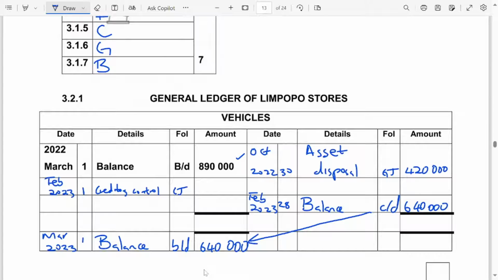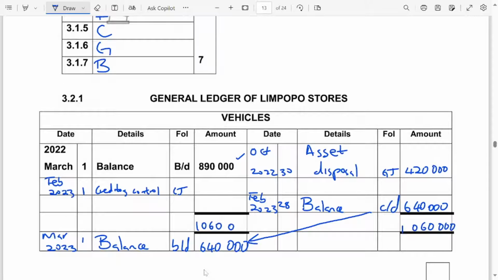So we are already given the closing balance. So it's easy now to find the cost price for the new vehicle. We just have to calculate the credit side because we can see that it is a bigger side. 640,000 plus 420. That is going to be 1,060,000.